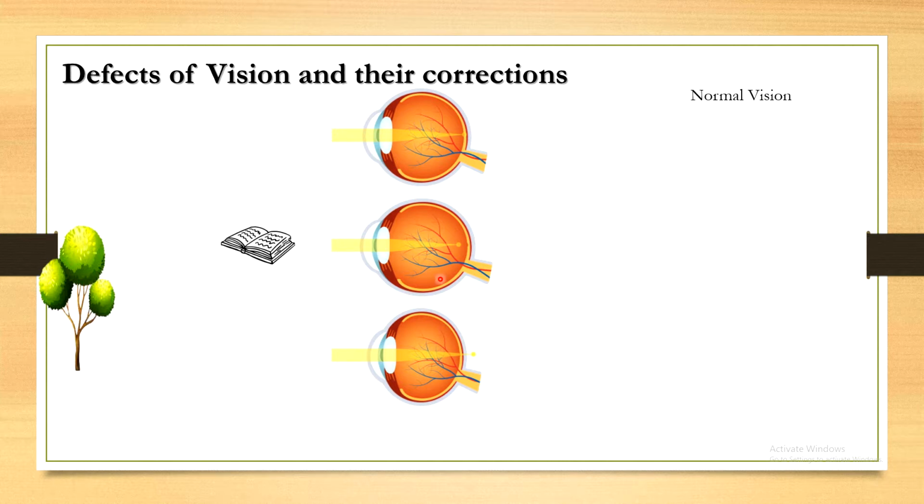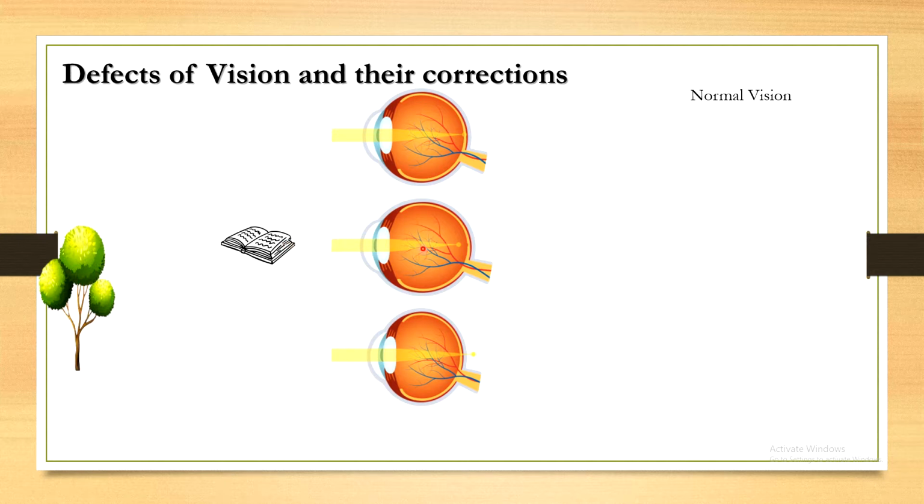In this figure, the light rays converge in front of the retina. From this eyeball, you can clearly see the objects which are nearby.